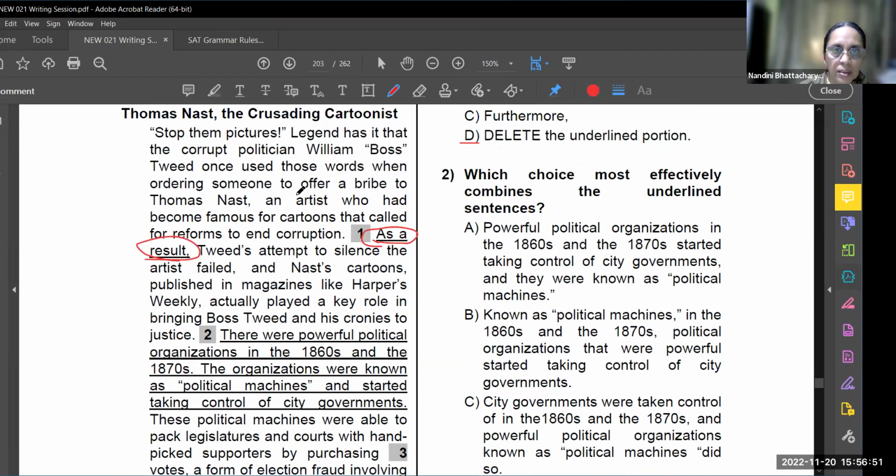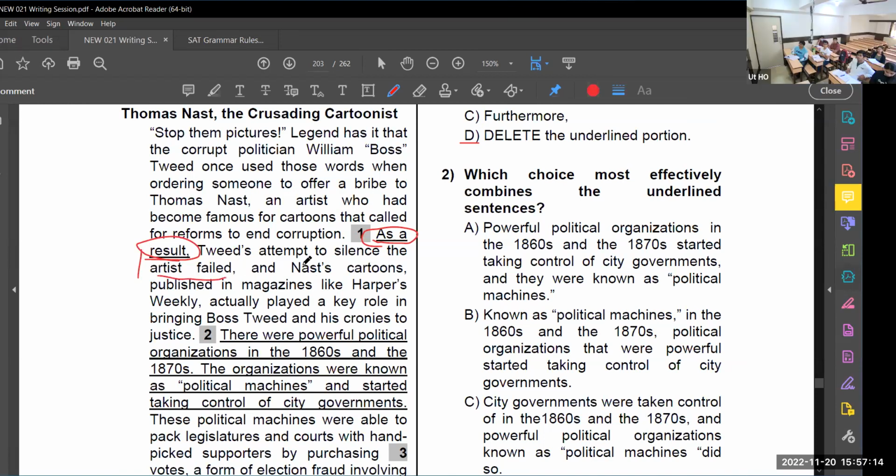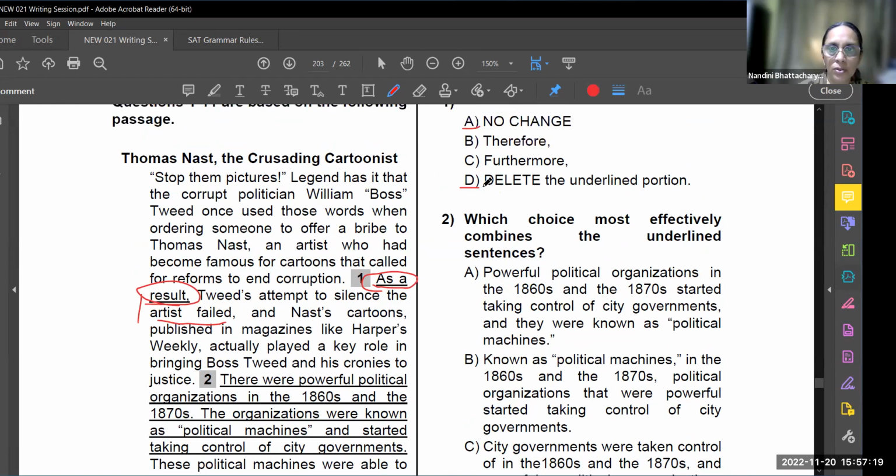The previous sentence says he once used these words when ordering someone to offer a bribe to Thomas Nast. So that was once, but now Tweed's attempt to silence the artist failed. So was it a result of that or it just failed? It just failed. So as a result, we don't need it over here, we will delete it. So your correct answer is D.